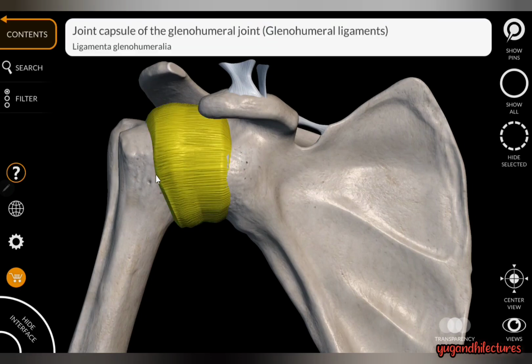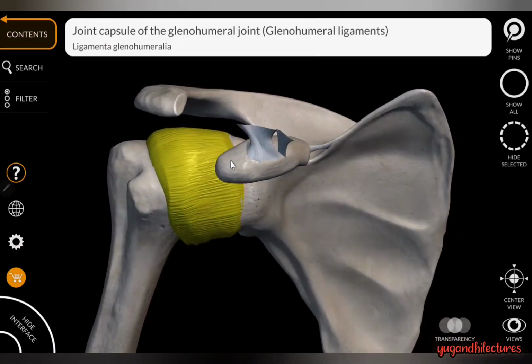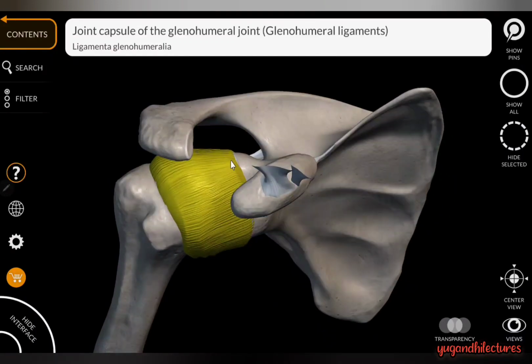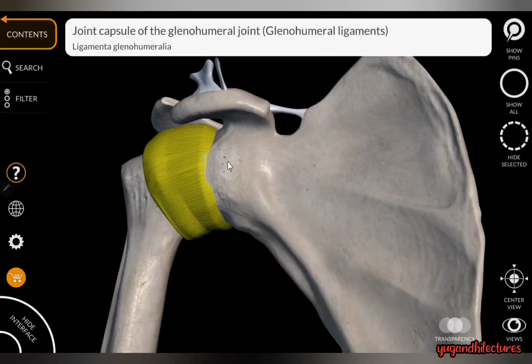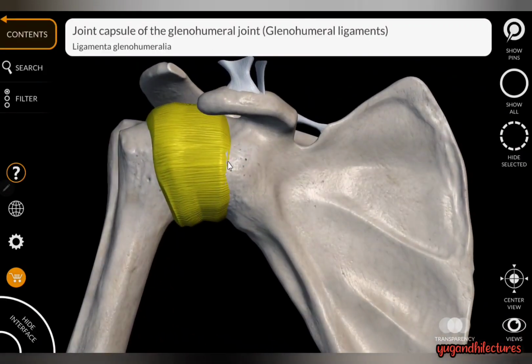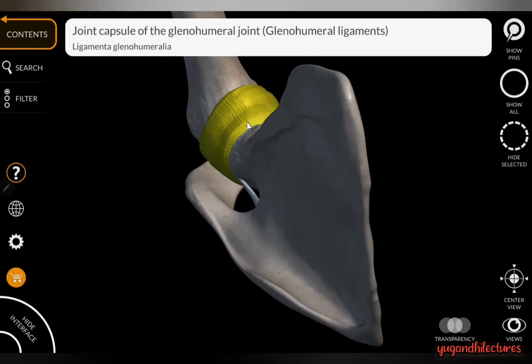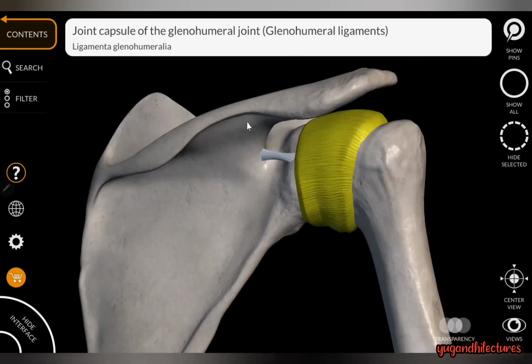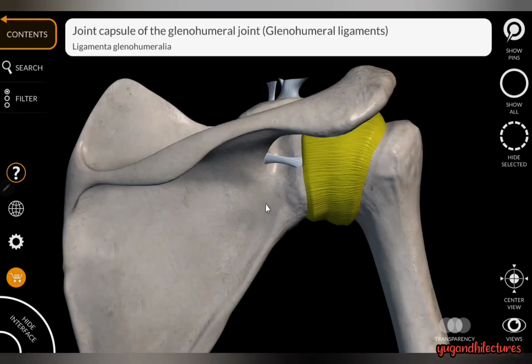It extends from the humerus and gets attached to the scapula beyond the supraglenoid tubercle, the superior portion, and it also covers almost all the surfaces of the glenoidal labrum. You can see how it is attached. You can see the joint capsule.